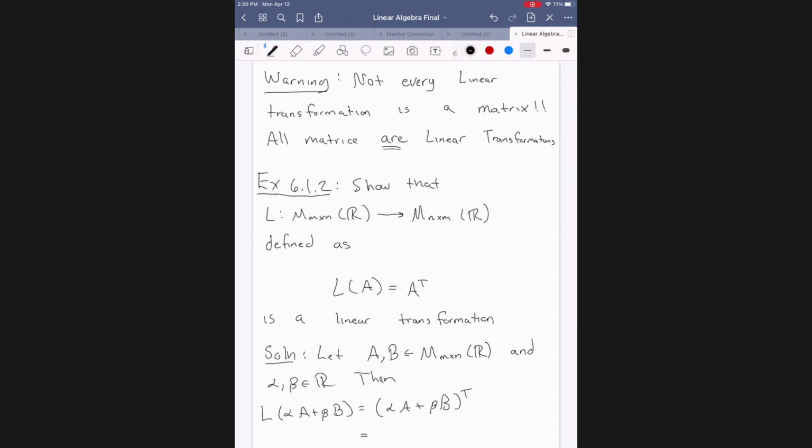Just the transpose of each one added together. So it's going to be alpha times A transpose plus beta B transpose, since constants can just come out.